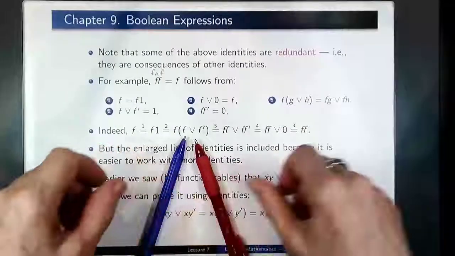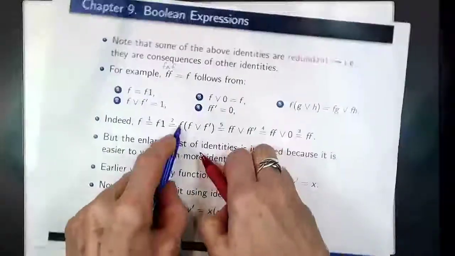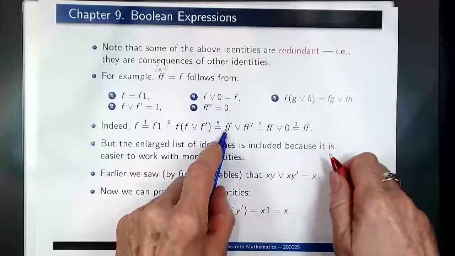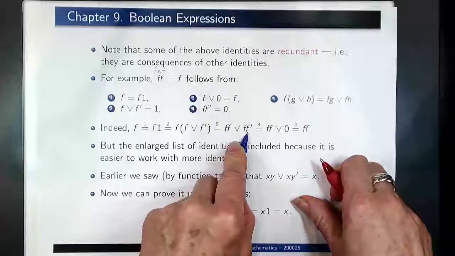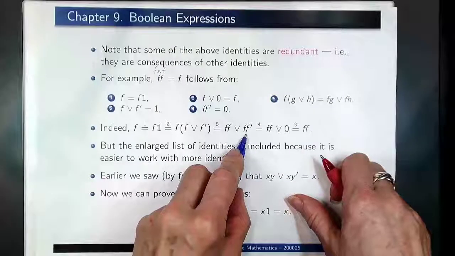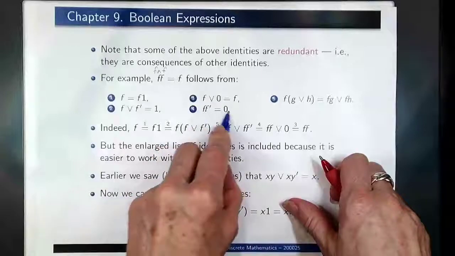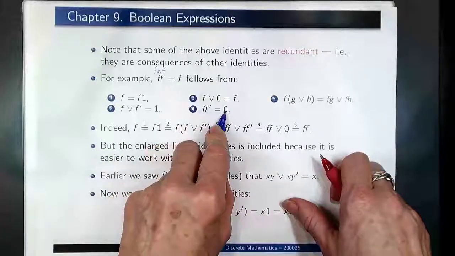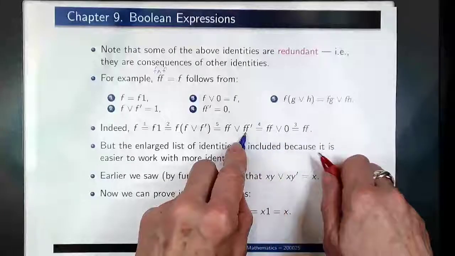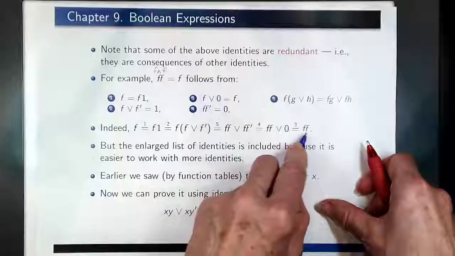Now, we can expand this, just like the usual expansion. It's ff or ff dash. So there it is, ff or ff dash. Now, ff dash is 0 because that's true and false. That's that one there. If something's true and false, can't be, it's false. So that's ff or 0 because that has become 0. And ff or 0 is just ff because anything or 0 is just that anything.